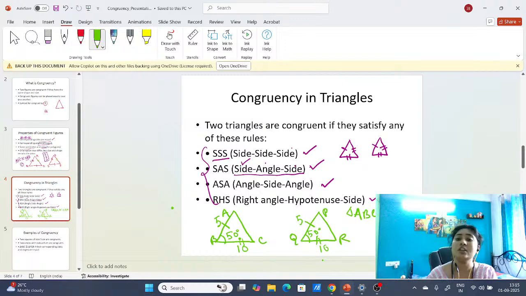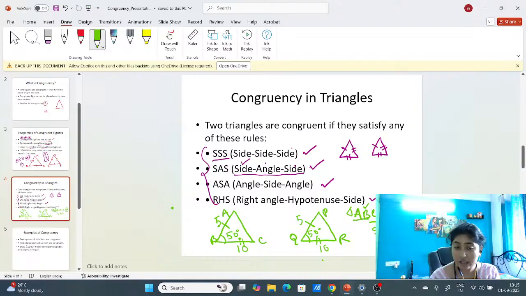So AB, here I have PQ, so AB is equal to PQ, correct? Here I have BC and here I have QR. In the last position R is there, here C is there. So BC is equal to QR, correct? And B is in the middle, here Q is in the middle. So yes, it is SAS, side angle side. So that's how we should check side angle side criteria to prove congruency.